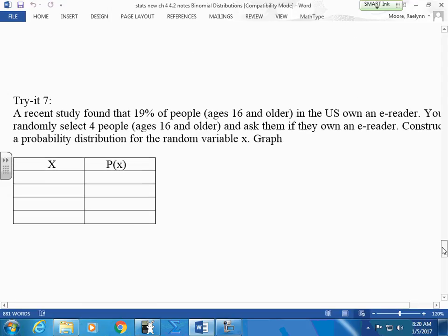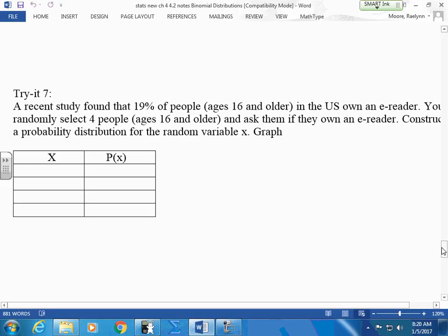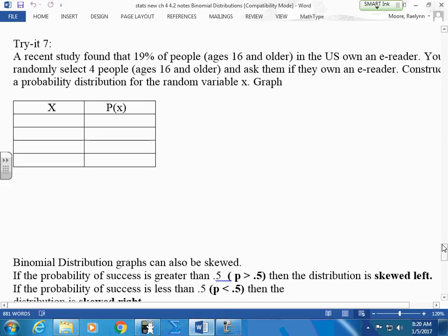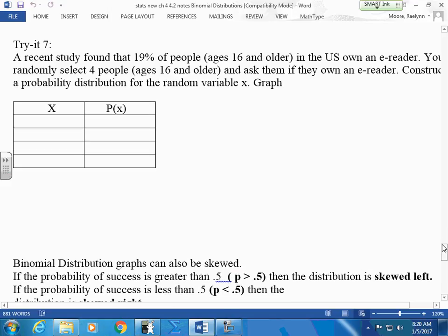Let's try 7. Okay. What page is it on? Page 208.